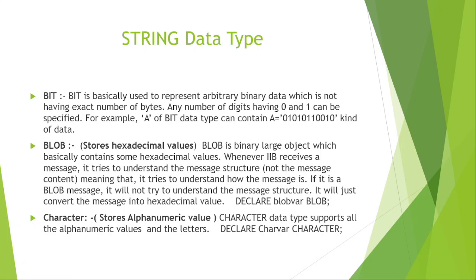Okay, and why do we keep it as a blob? Because blob is the only format where we do not check which format the source is sending. If the source is sending in any format and you have selected the parsing as blob, then it will accept all formats and convert them into hexadecimal value.